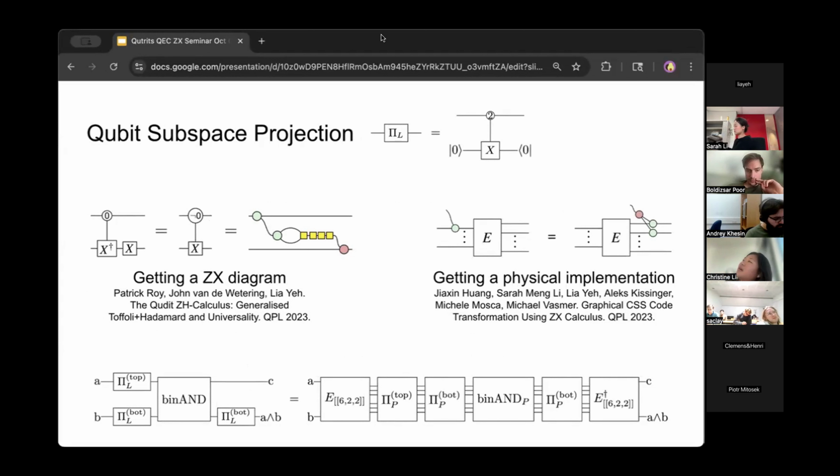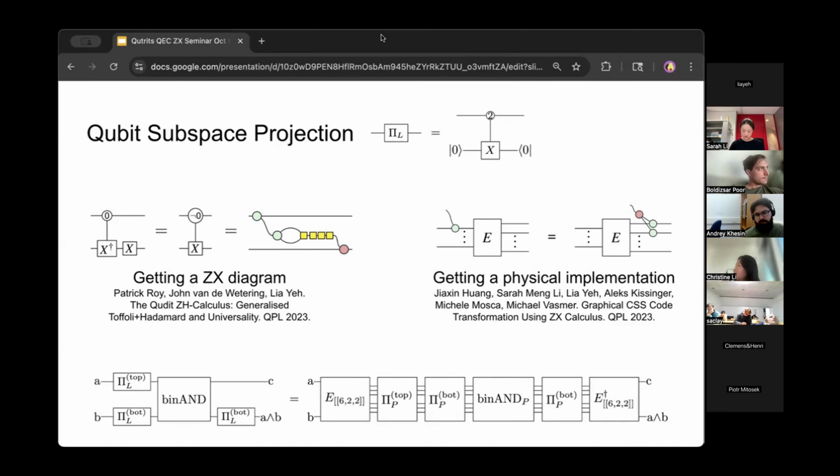Only qubits to some qubits and some qutrits on the physical level. Or, wait, a qutrit and a qubit at the logical level to all qutrits at the physical level.